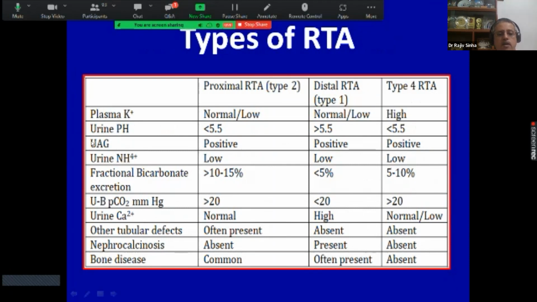Urine anion gap basically proves that your child is having RTA, and then with the combination of plasma potassium and urine pH, most of the time you are able to say whether it is proximal, distal, or type 4. Sometimes you do require more sophisticated tests like a urine-blood PCO2 or fractional excretion of bicarbonate, but most of the time those are of academic interest.